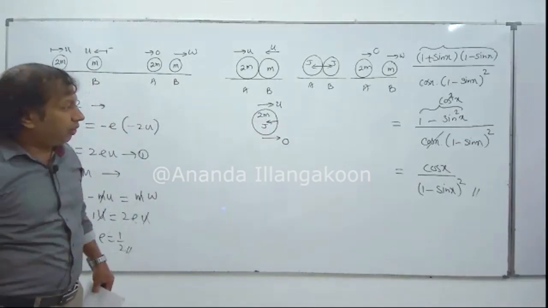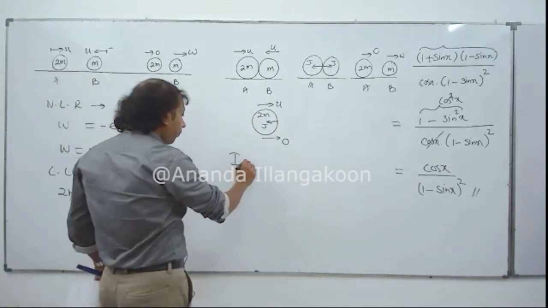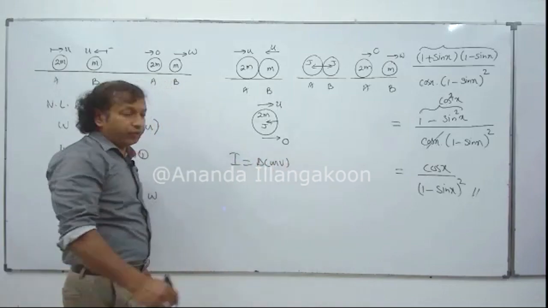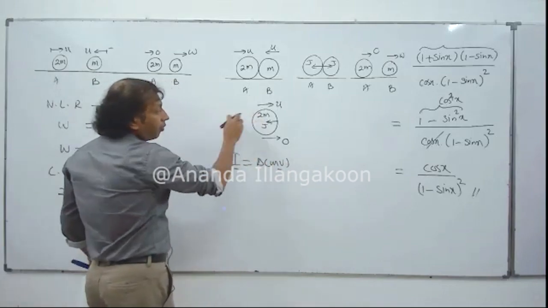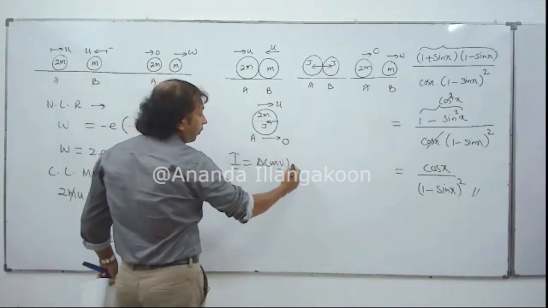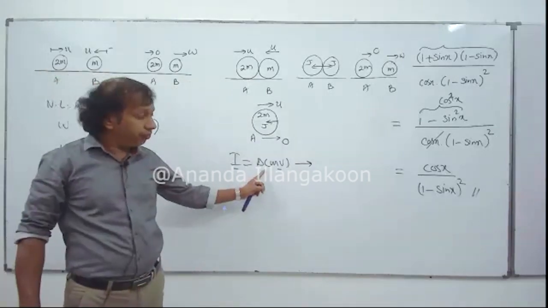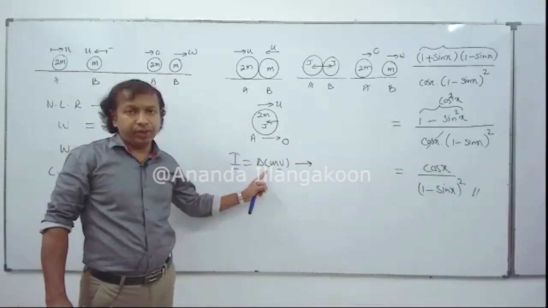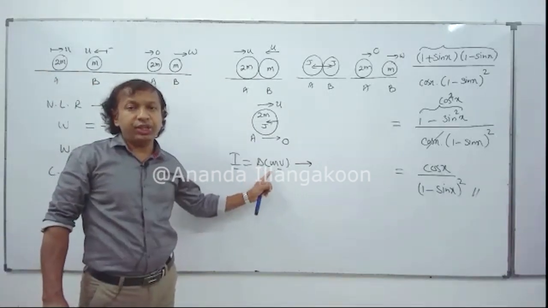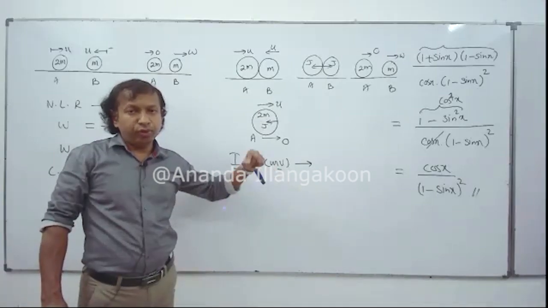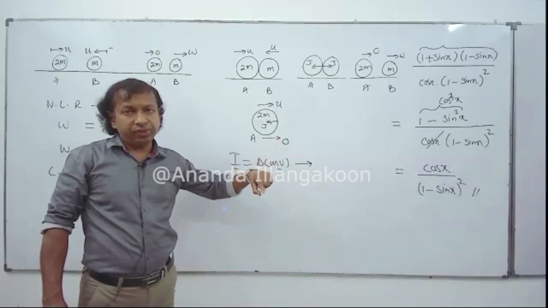Now we apply impulse equals change in mv for this particle A, say rightward. What is this delta in mv? Delta stands for change, and mv is the momentum, so it is the change in momentum. How to find change in momentum? Final momentum minus initial momentum.